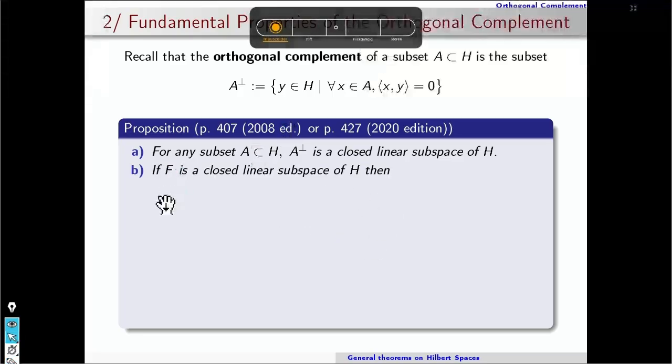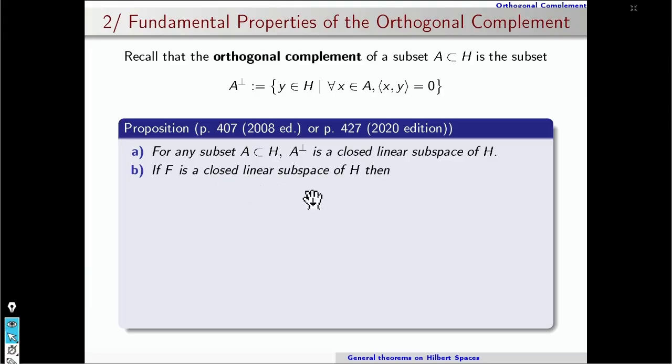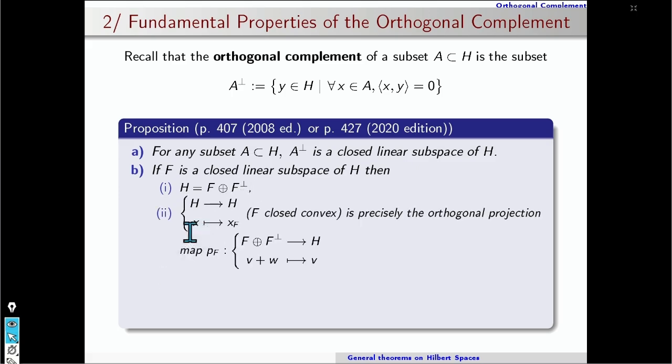Second statement: if F is itself a closed linear subspace, then the Hilbert space decomposes as F direct sum F orthogonal. Moreover, the map which to x associates the orthogonal projection on F, which is indeed a closed convex subset, coincides with the map which, to a decomposition, projects on the first component.